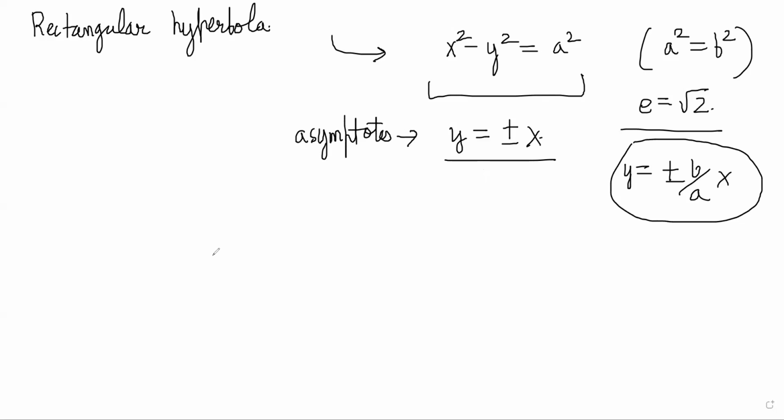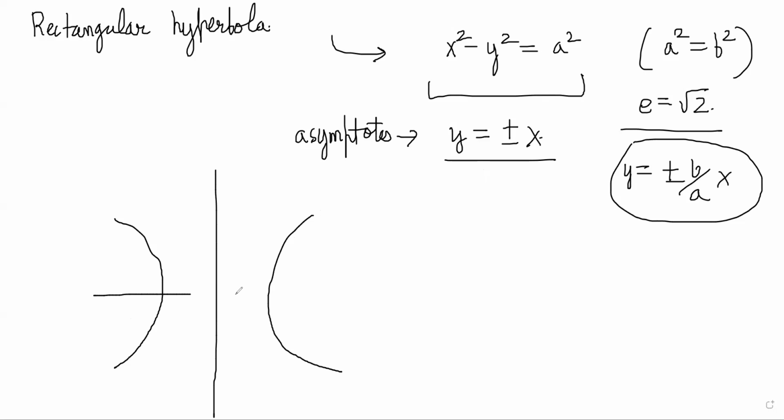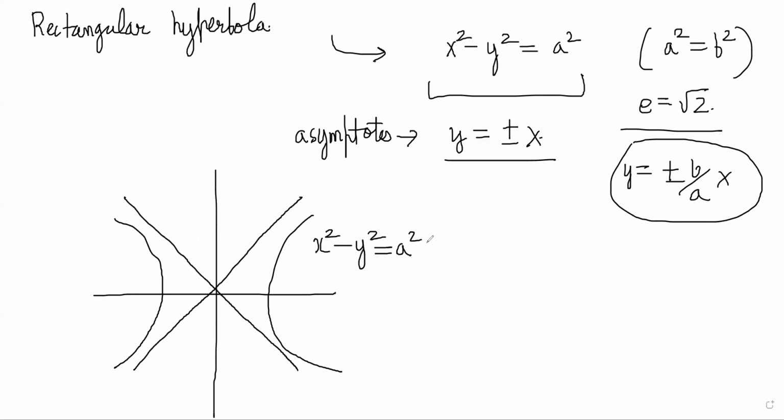Now, this rectangular hyperbola looks somewhat like this. This is my rectangular hyperbola. These are my asymptote lines. x square minus y square is equal to a square.